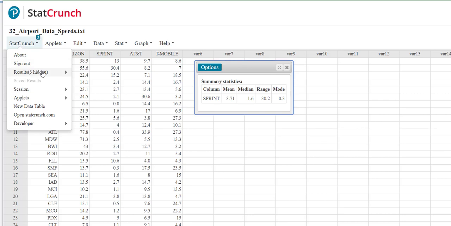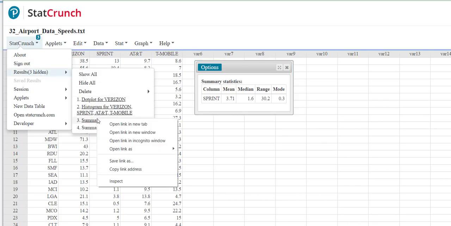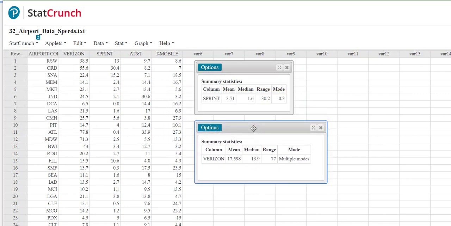So let's recall the Verizon. Here we go. The summary stats for Verizon, and then we can compare them. So the average data speed for Verizon was 17.598 megabits per second, whereas Sprint is 3.71. So Sprint is looking very slow compared to Verizon. And the range, 77.